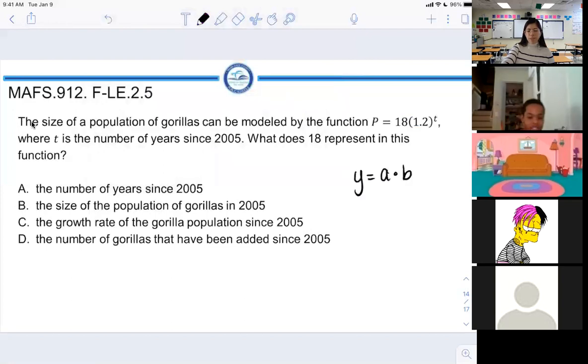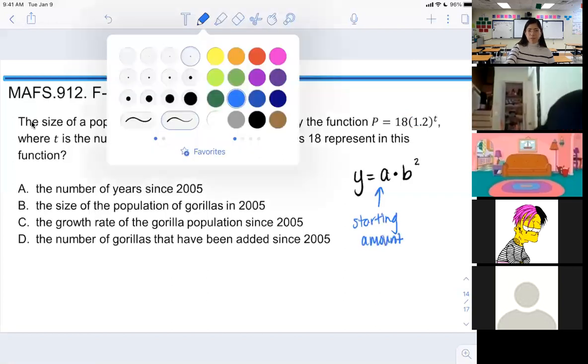Let's go back to this. What does A represent again? What does B represent? A is the base, the starting amount. And B is the growth.